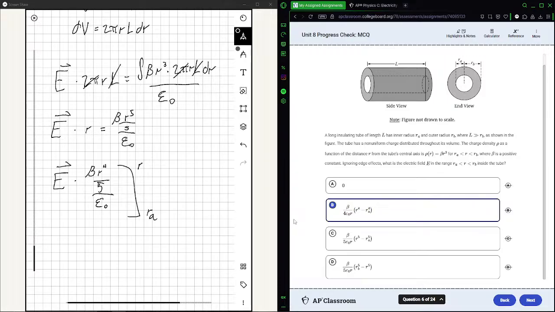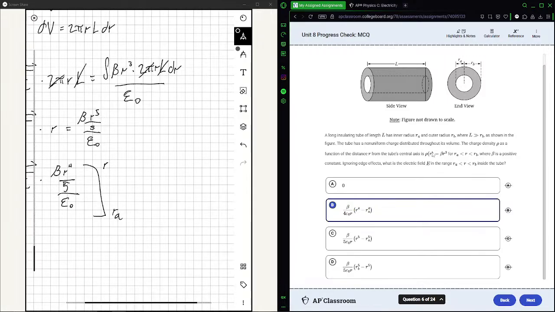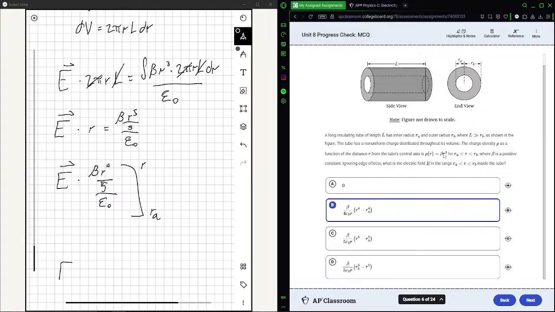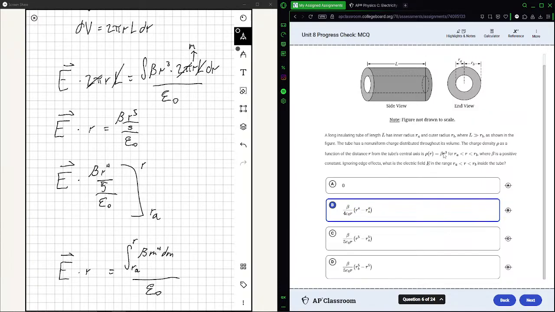The actual reason is that for this rho, little r, we should replace it with some other variable because it's redundant. We should have E times R, and the integral should be from RA to R, with rho replaced by some other variable, like M. So it's going to be beta M to the 4th dm, because the variables were redundant there, and that's super confusing, but that's how physics does it.